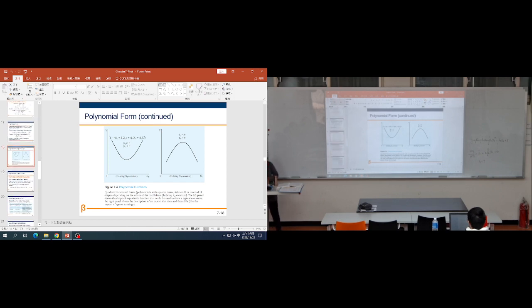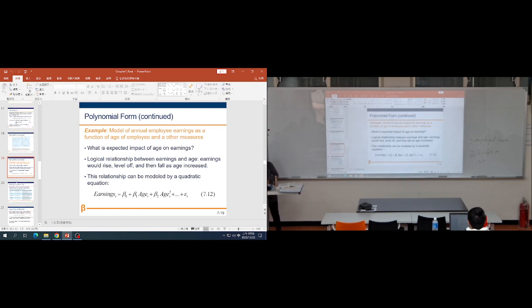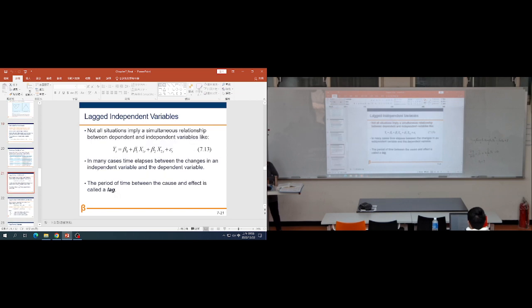Okay, if you don't have any questions, let's talk about lagged independent variables, 7.3. What do you mean by lagged independent variable? Since we always talk about cross-sectional data, we never put the T here. We put I, which is usually for cross-sectional data.